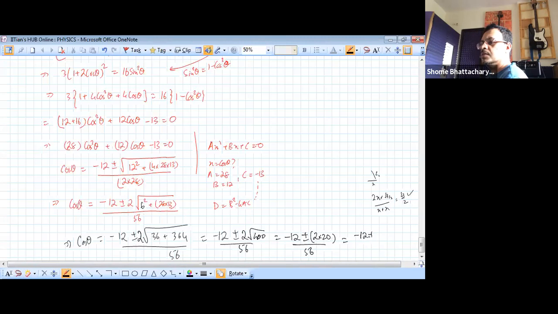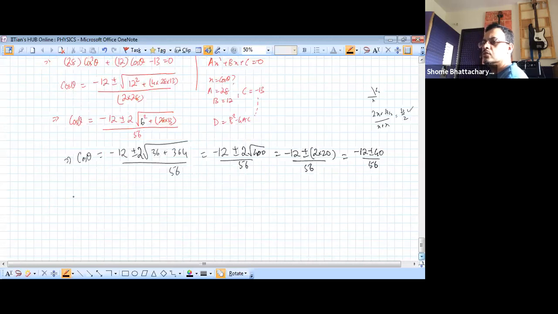So minus 12 plus minus 40 by 56. We'll take the positive root and not the negative root. So cos theta will be 40 minus 12, which is 18. That's half. So theta is equal to 60. Yeah, theta should be coming to 60 degrees in this. Question is correct. So anyway, quite a bit of calculation involved in this question.